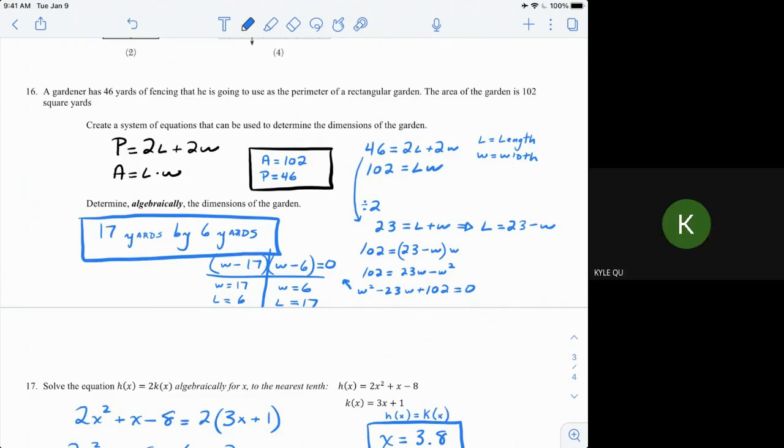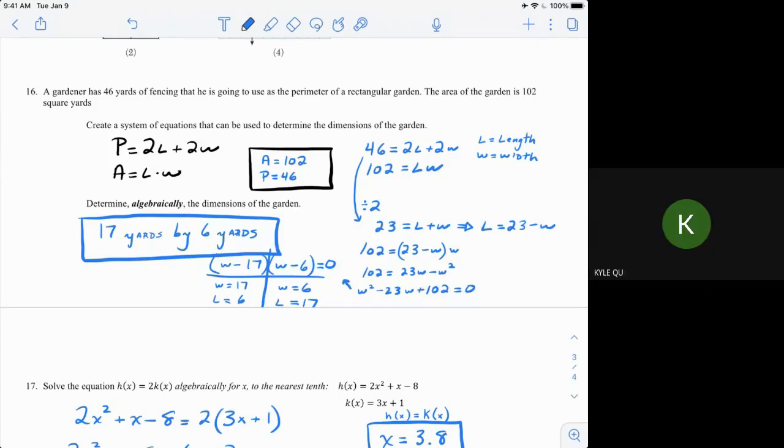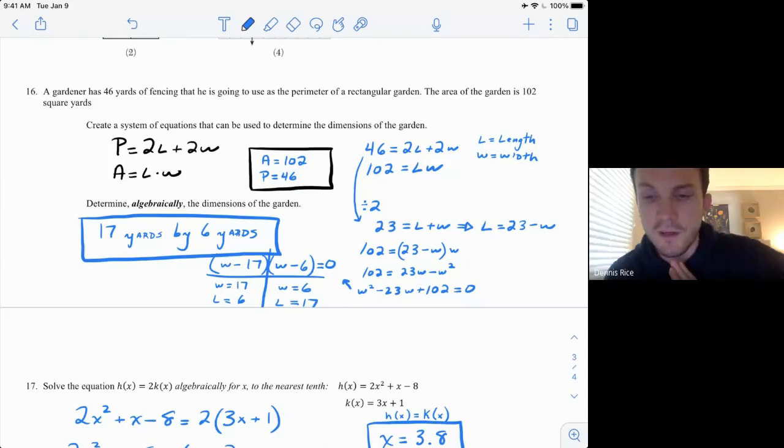But isn't it technically 6 by 17? Can you just write both, or are 6 by 17 and 17 by 6 different rectangles? It's the same numbers.